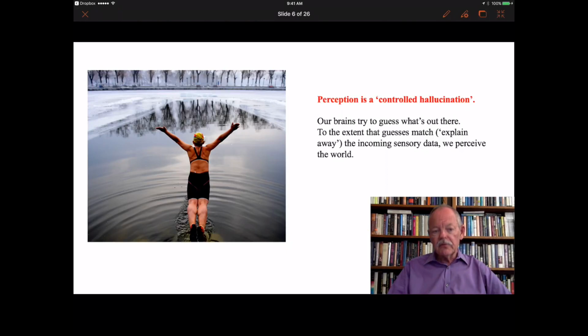And only to the extent that you give credence to the error signals produced by the incoming data that don't agree with your model of the world, only to the extent that you give credence can you then correct your perception of the world. Now you can imagine situations where for one reason or another you don't give credence.